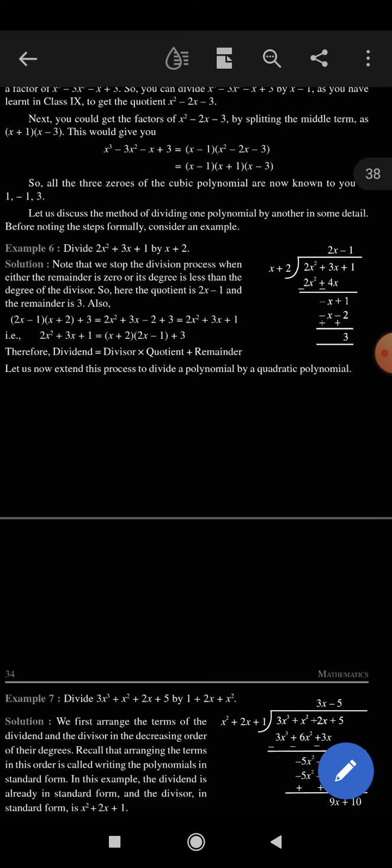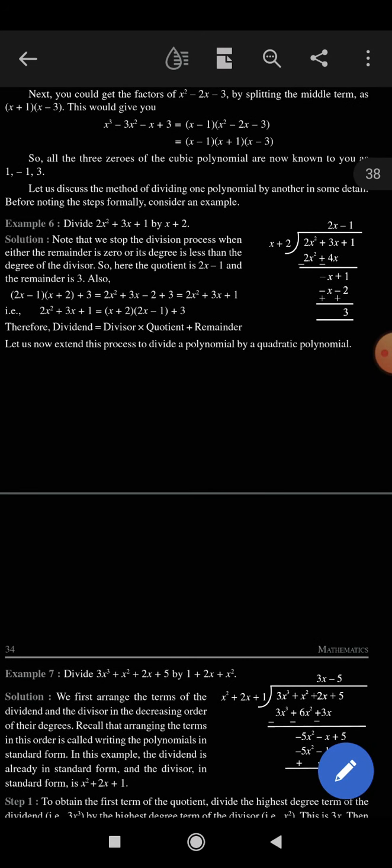So here the quotient is 2x minus 1 and the remainder is 3. Also (2x minus 1)(x plus 2) plus 3 is equal to 2x square plus 3x minus 2 plus 3, which is equal to 2x square plus 3x plus 1.